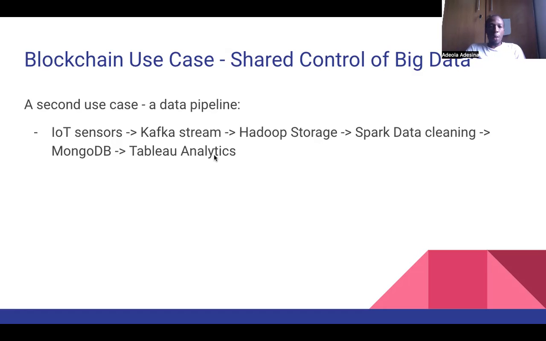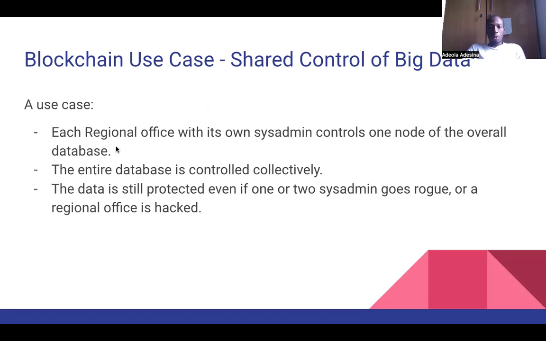So consider this data pipeline that moves from the IoT sensor to a Kafka stream, then to Hadoop storage, I've mentioned Hadoop, and then to a Spark data cleaning. All of these are data jargons that you really don't need. Then to a MongoDB database, and then to Tableau Analytics, right? So consider this use case, right?